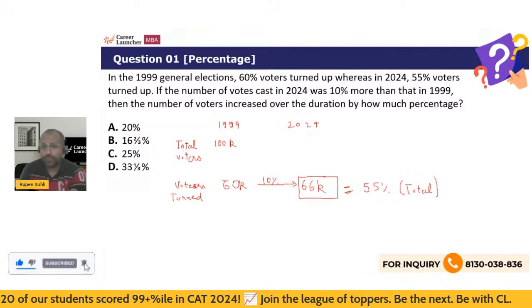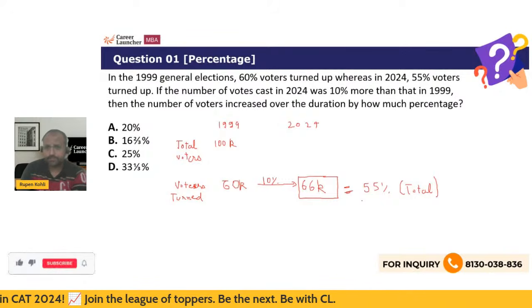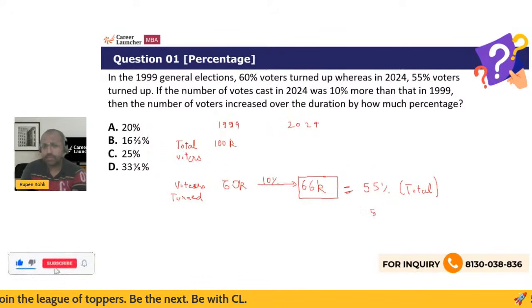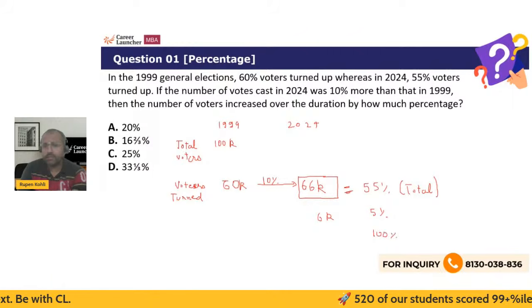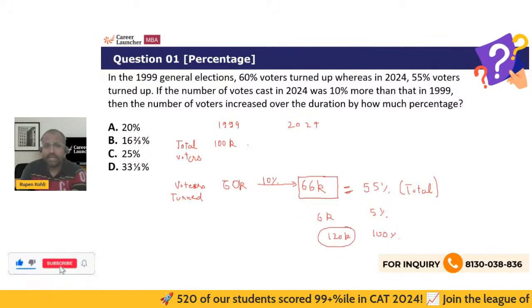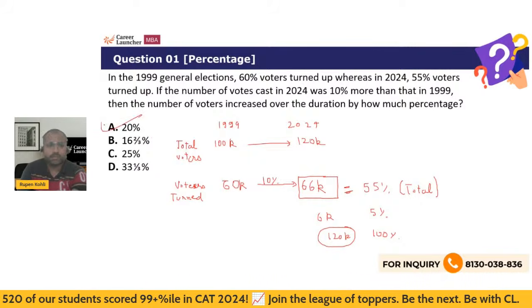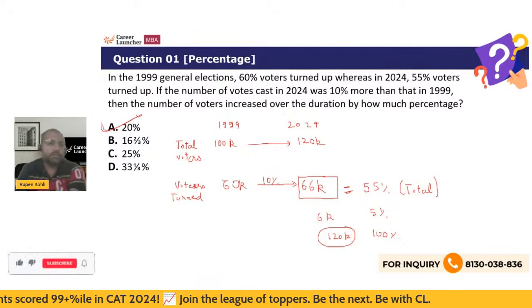So 11 cancels, 5% is 6K. So 5 into 20 is 100K. 100% is 20 into 6, 120K. It means the number of voters have increased from 100K to 120K, that's a 20% increase, right?